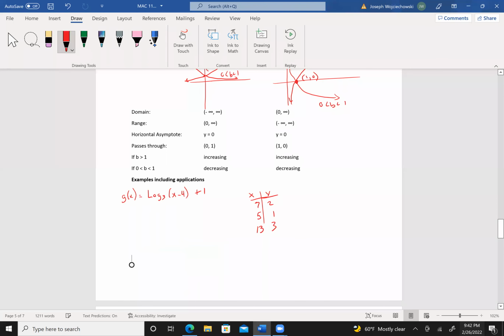So let's regraph this. We're looking at 1, 2, 3, 4, 5, 6, 7, 8, 9, 10, 11, 12, 13, and we're basically looking at a vertical asymptote here. That's how we graph these. Okay, there are more examples of this in the text.